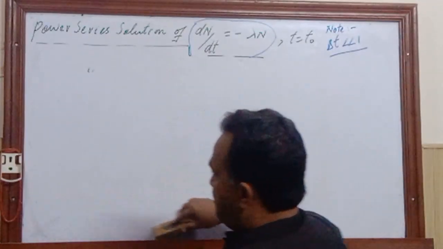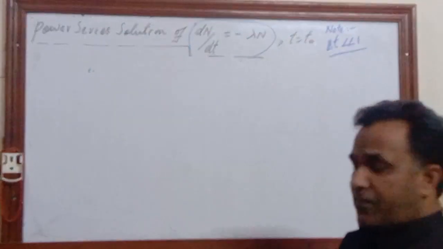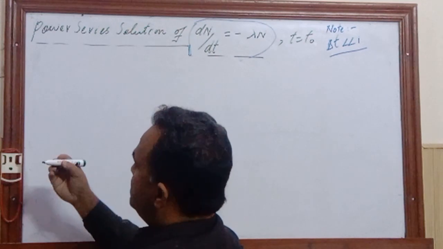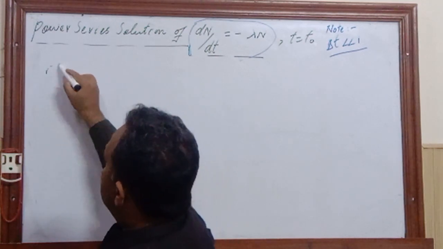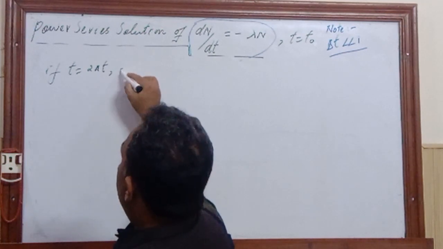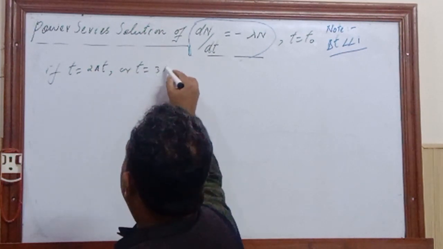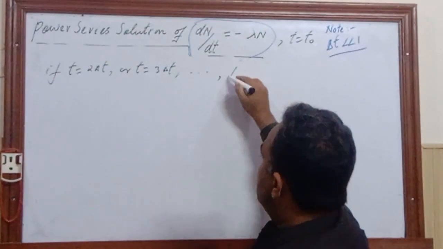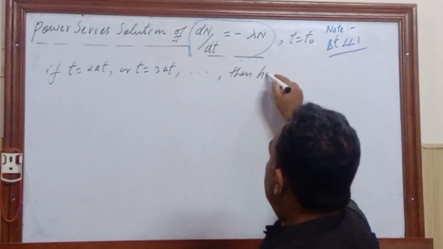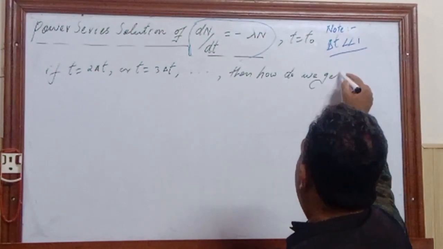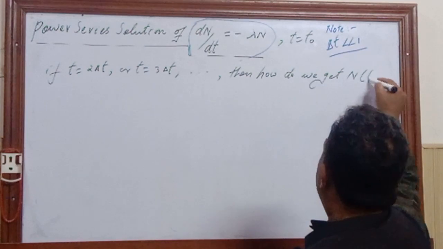So here, let's say two time intervals have passed, that is, t is equal to 2 delta t, or t is equal to 3 delta t, and so on. Then how do we get n of t?